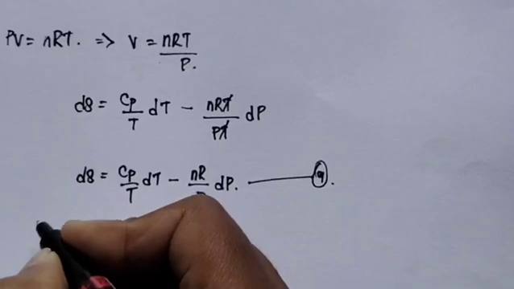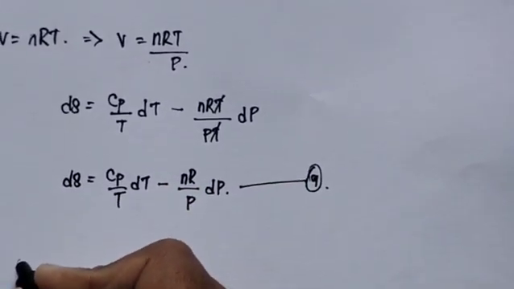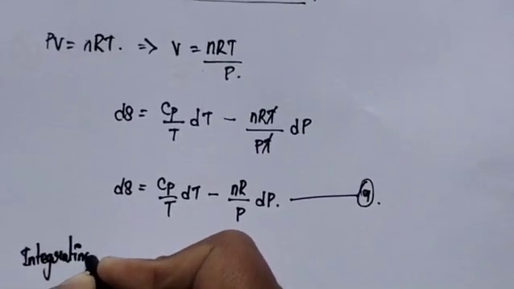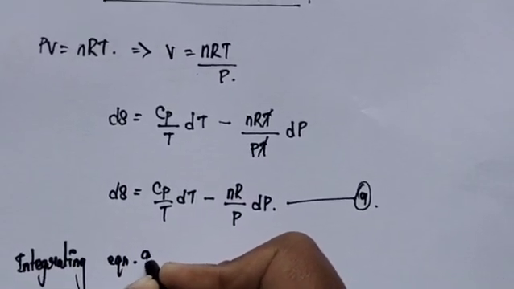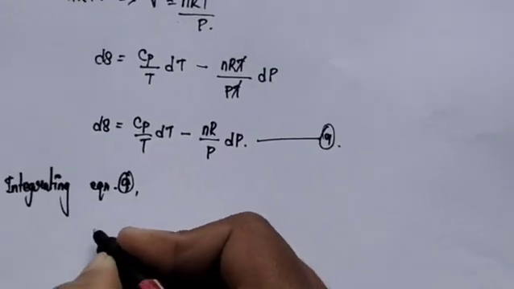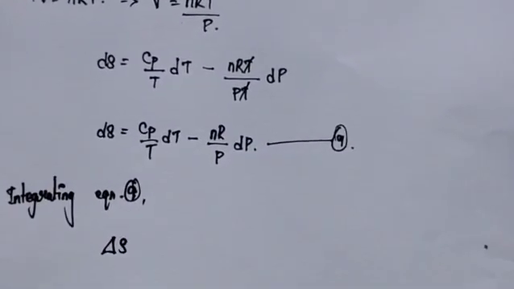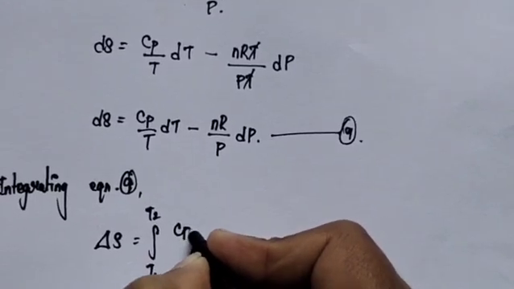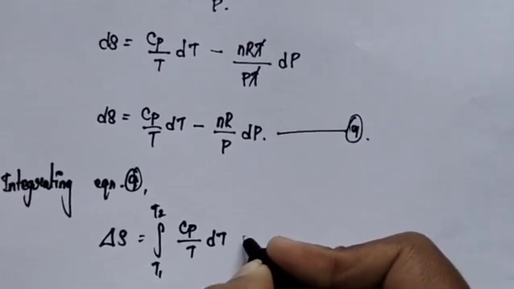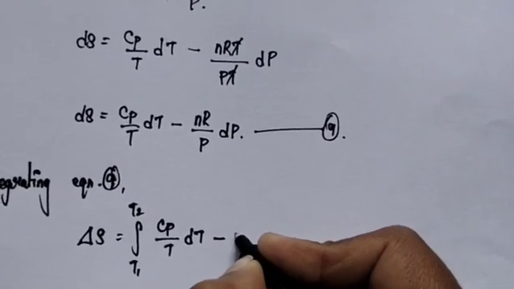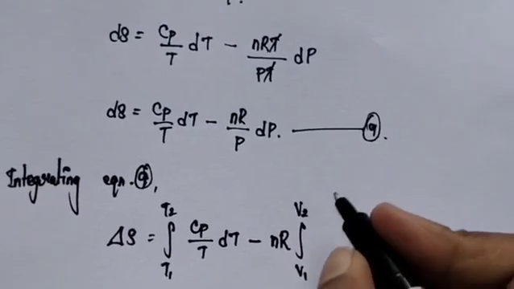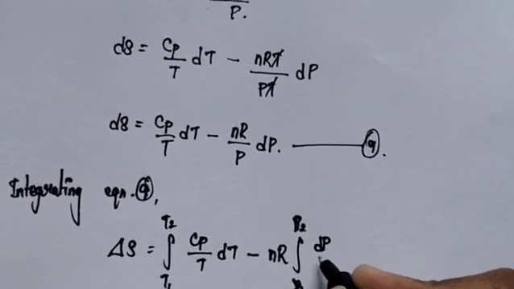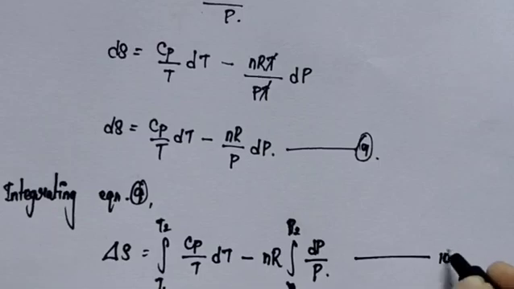While integrating the 9th equation, we get delta S is equal to integral from T1 to T2 of Cp by T into dT minus nR, which is constant, so we are taking it out, nR integral from P1 to P2 of dP by P. Take this as equation number 10.